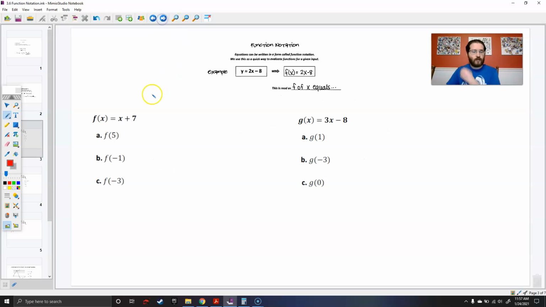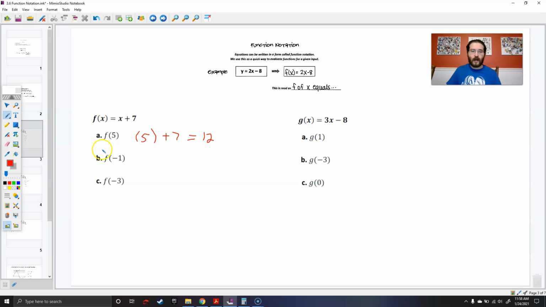So let's see some practical examples. Given f of x equals x plus 7, when we're given a value, we substitute it in whenever we see an x, because this is our f of x. So this will look like 5 plus 7. Then we evaluate: positive 5 plus 7 gives us 12.